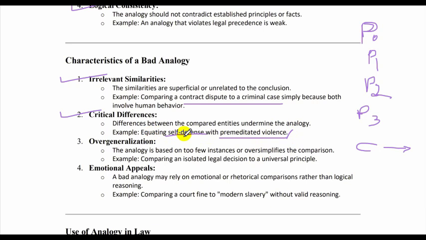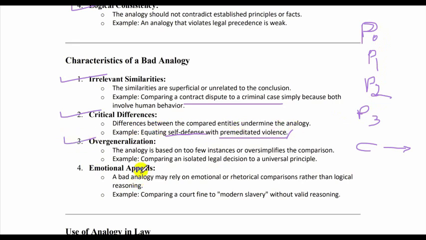It is going against the principle of similarity. So we need P0, P1, P2, P3 not contradicting each other. Differences between the compared entities undermine the analogy.